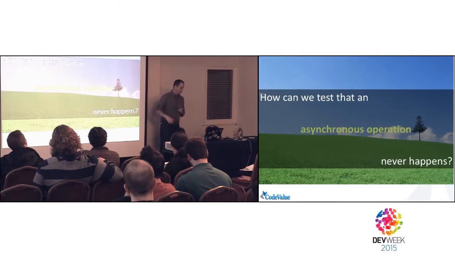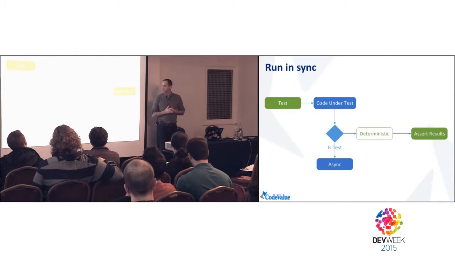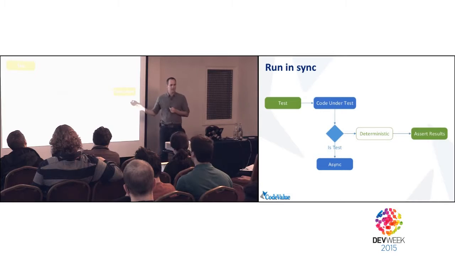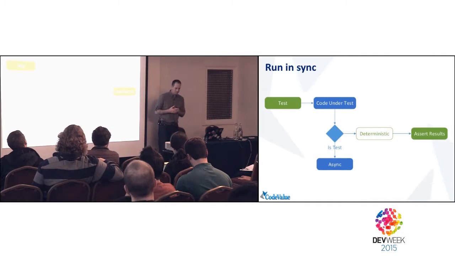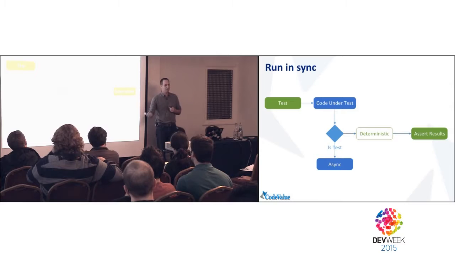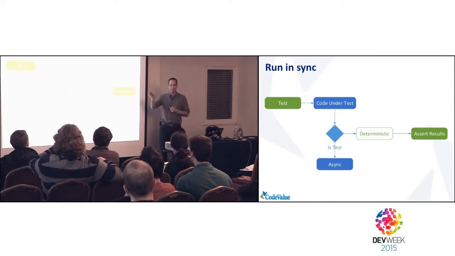And so what I would do in this case is have a piece of code that will run in a synchronous manner in my test, but asynchronous in the production code. And I can do that in several ways, depending on the code at hand. I can use preprocessor compiler definitions, ifdef.